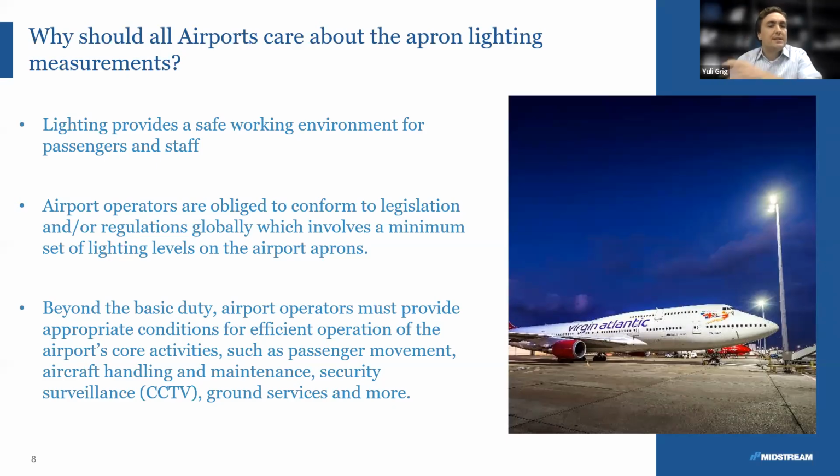But beyond the basic duty, which is to allow safe and efficient operation of the airport, passenger movement, aircraft handling, CCTV, security, ground services, all of these services are core offering of the airport, and therefore good lighting provides a more efficient way of delivering those core services. So it's not just a requirement, but it's something that's important for an airport to provide for efficient operation.